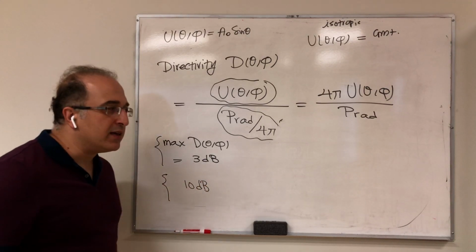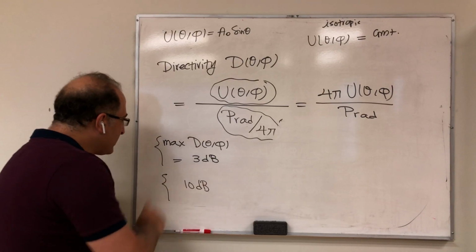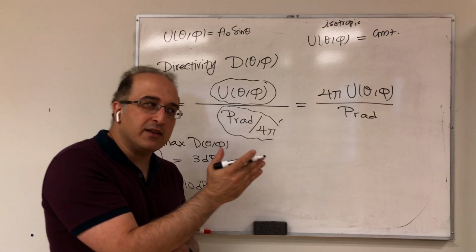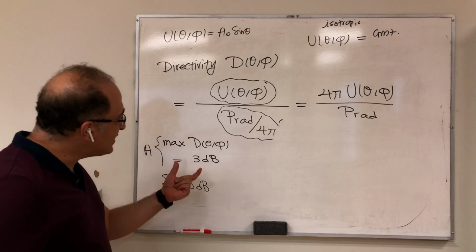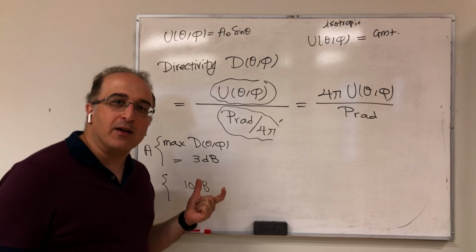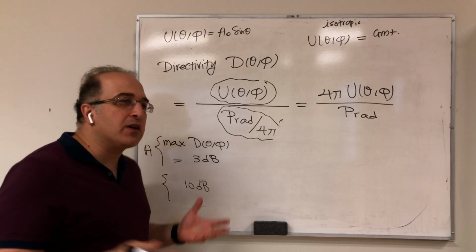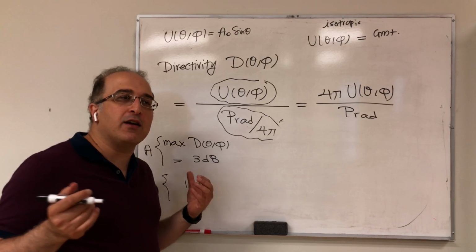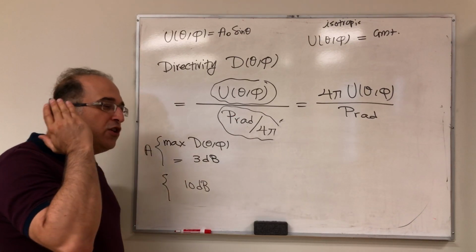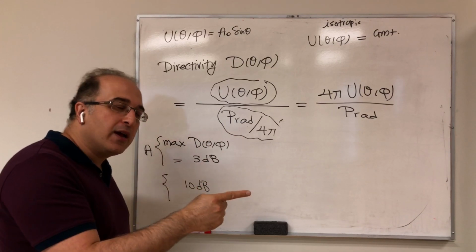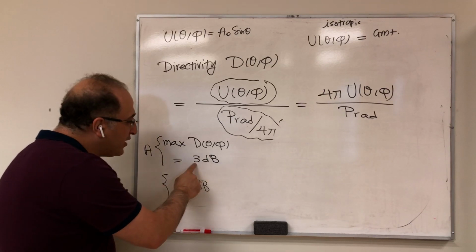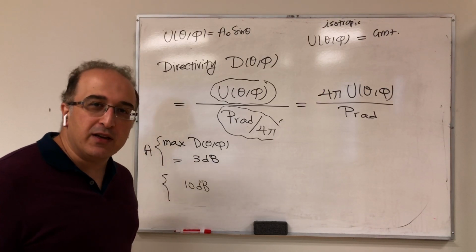So what does that mean? That essentially means the first antenna, maybe antenna A, in its maximum radiation direction, accentuates the power 3 dB more than what an isotropic antenna can do. So 3 dB more, because an isotropic antenna is a hypothetical antenna that radiates equally in all directions. Antenna A does a better job compared to an isotropic antenna in the direction of maximum radiation by 3 dB.